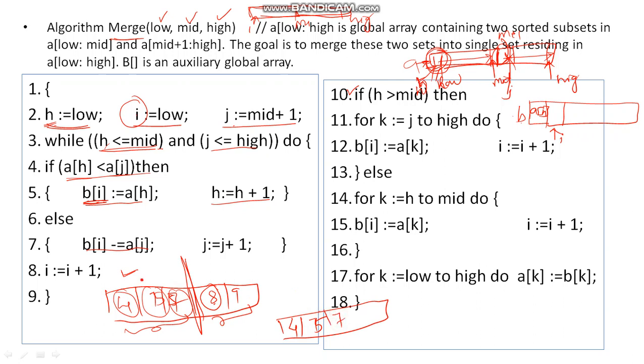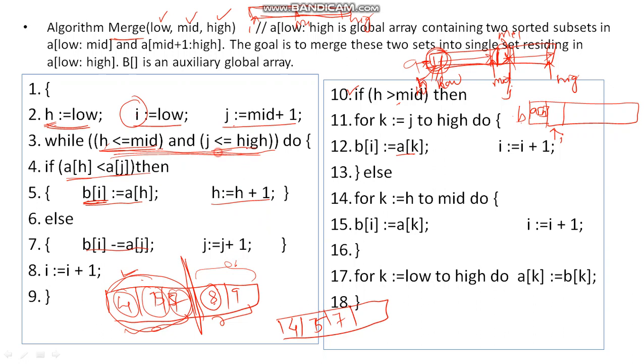And once you find that all the elements of one subarray have been taken into the final array, the remaining elements are in the other subarray. So one condition out of these two conditions will be false. If this condition becomes false, that is, if H becomes greater than mid, it means go on taking all the elements from the second half.